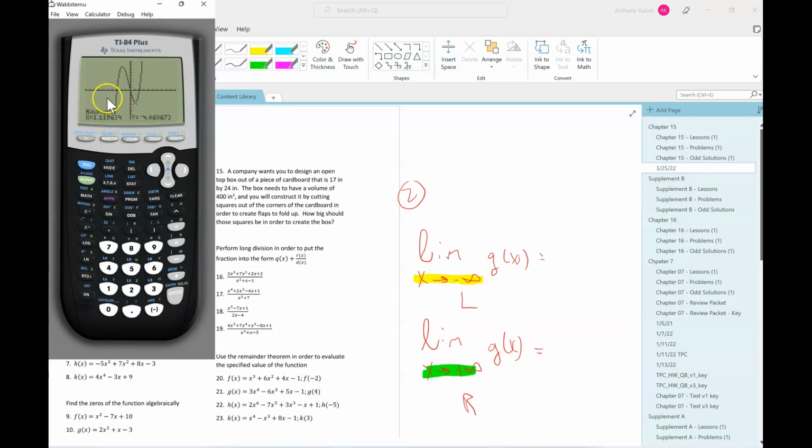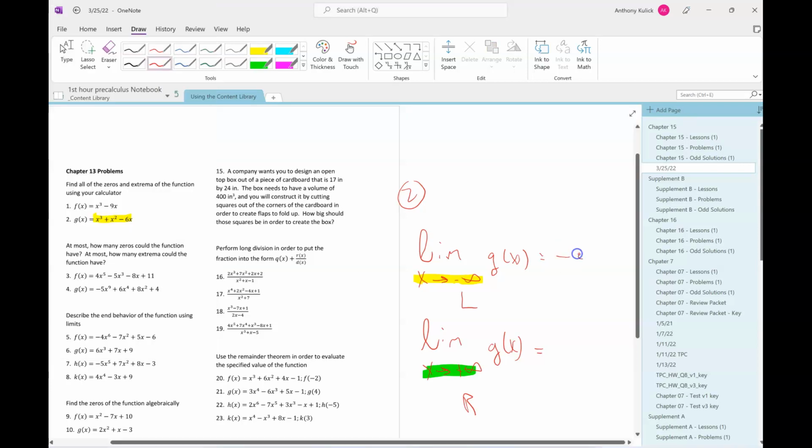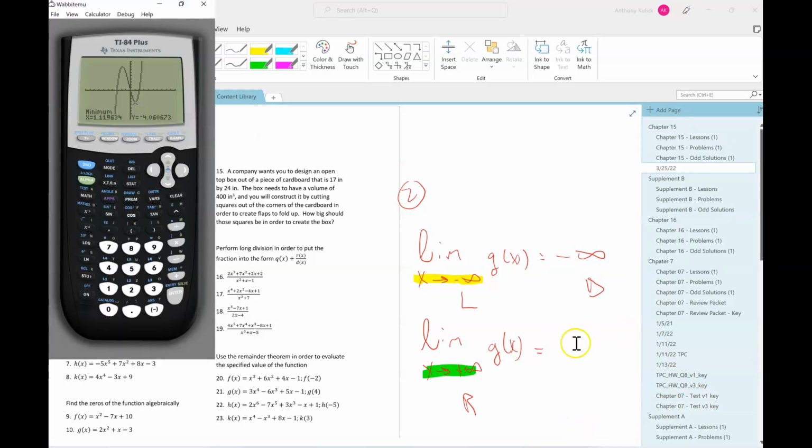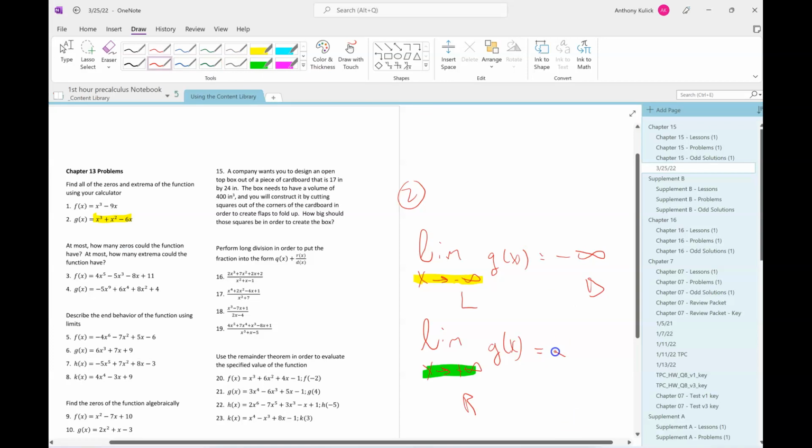So if I look at the left end, what is that arrow doing? Pointing down, so down is negative infinity. And if I look at the arrow at the right end, it's pointing up, so it's positive infinity. Yep. So that's the way we use the limit notation.